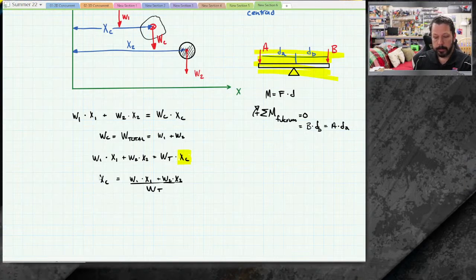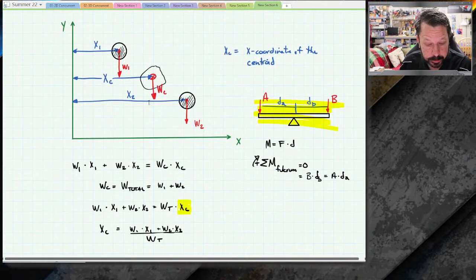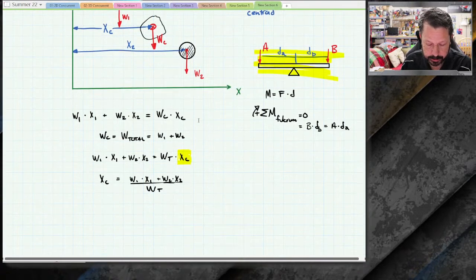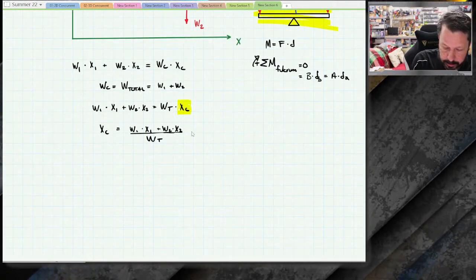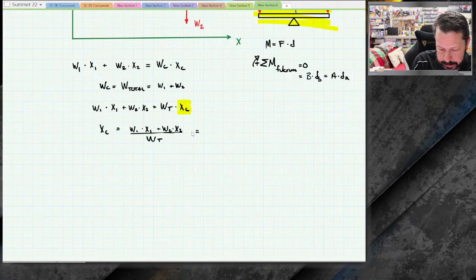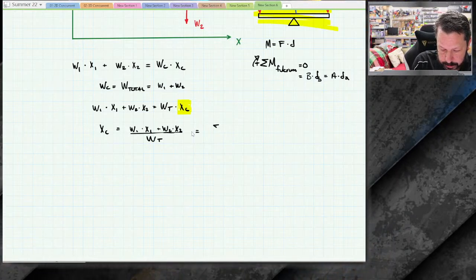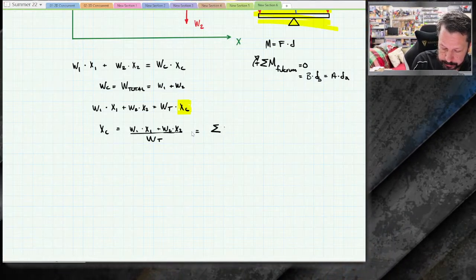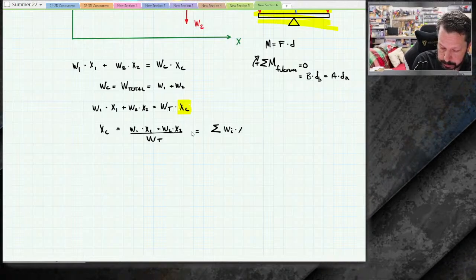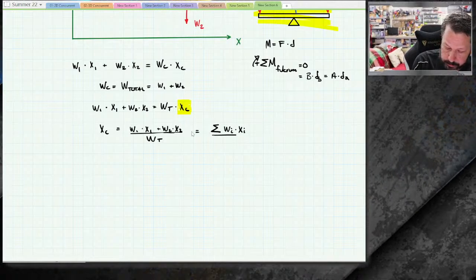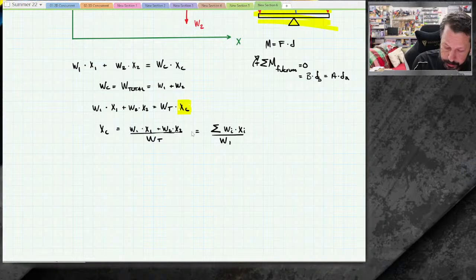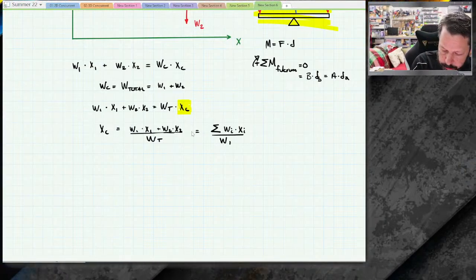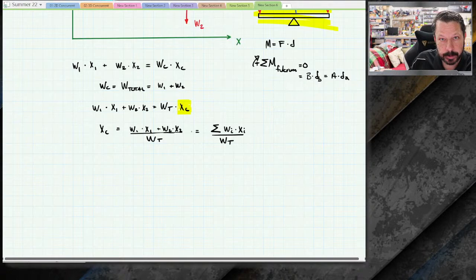Now, what if I had 2 million of these spheres? I don't want to write it out like this, so I would generalize it to X sub c equals the summation of all of the W's times their x coordinate divided by the total. Well, I could do it 2 ways. I'll just do weight total, which could also be the summation of all the Wi's.